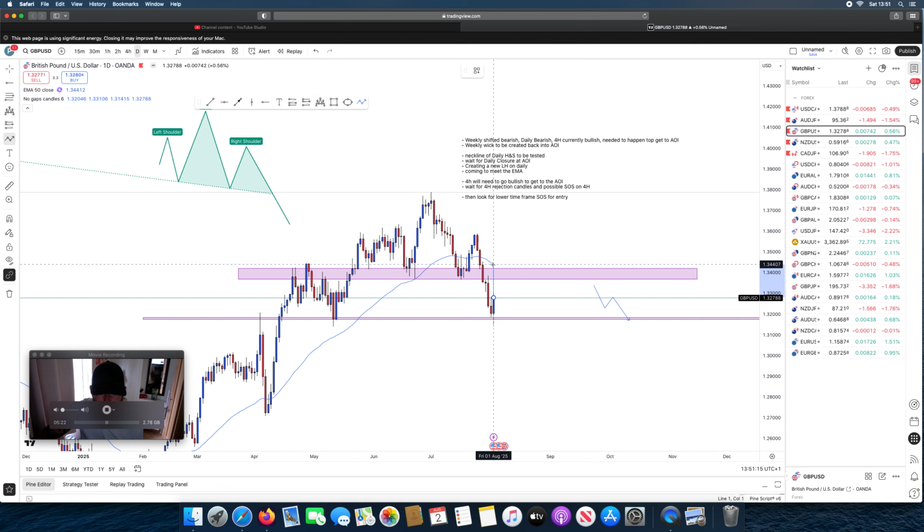Also going to be testing the EMA as this rolls down. Look for a candle closure in here. Again, we're going to want to see some shift in structure at this previous structure point also. Once we get a daily closure in here, we're going to be looking for a shift in structure on the lower time frames to potentially head back down to this level again.